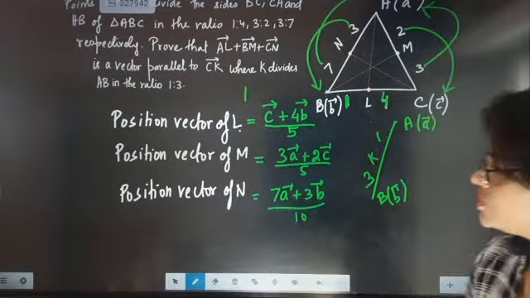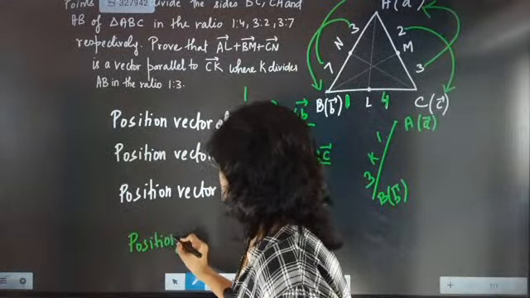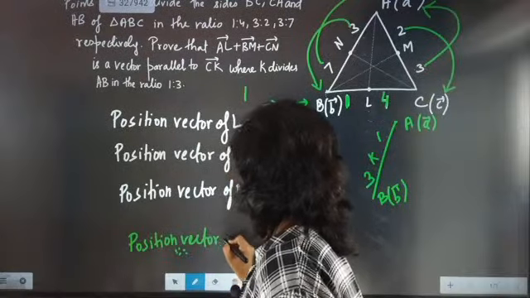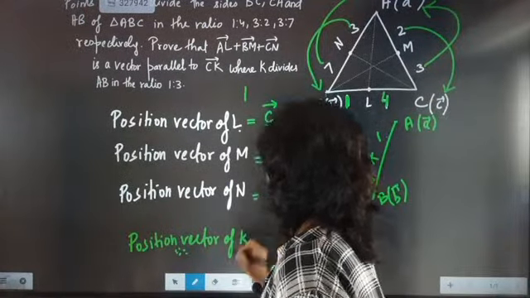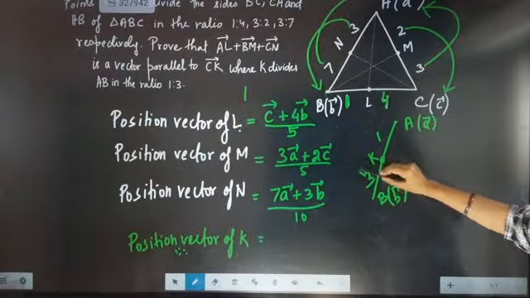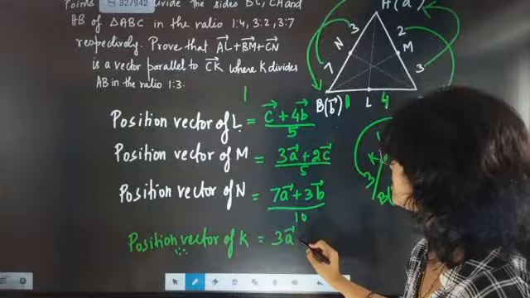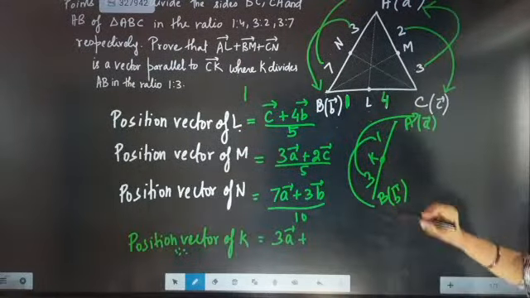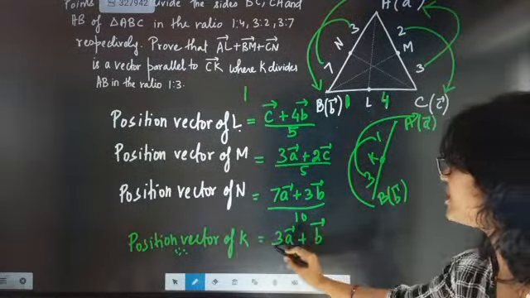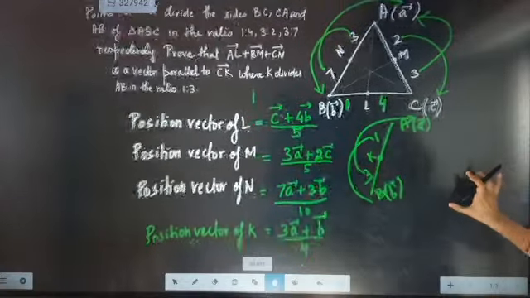What will be the position vector of K? K position vector will be exactly 3 will multiply with A vector, plus 1 will multiply with B vector, so it becomes (3A vector plus B vector) by 3 plus 1, that is 4. So now we got all the position vectors.